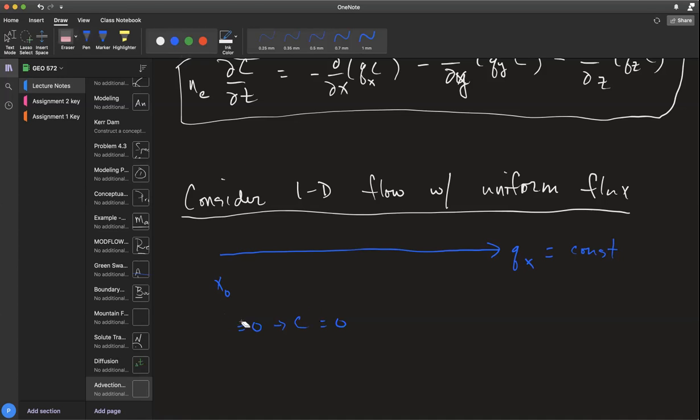So C(x, 0) is equal to 0, and C(0, t) is equal to f of x naught, some function of x naught. Okay.